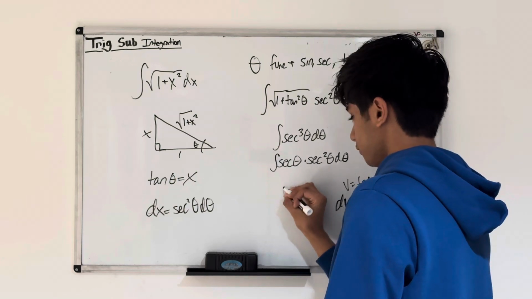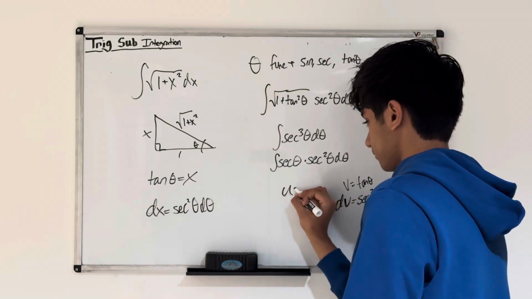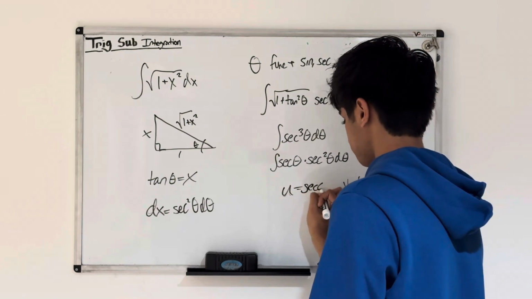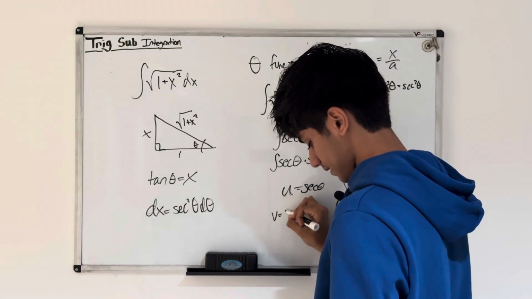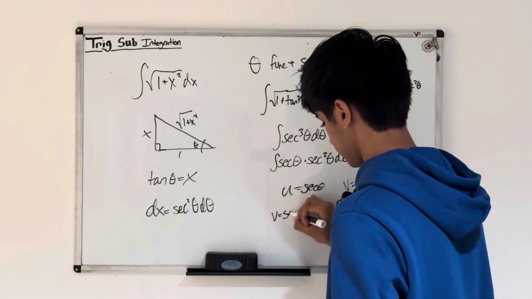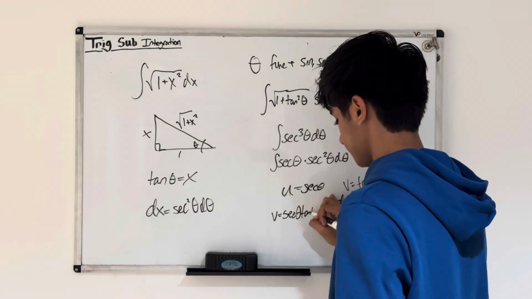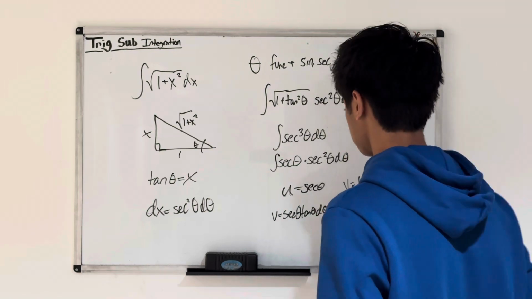Next, we make our u, therefore, u dv, equal to secant theta. We know that the derivative of secant theta is secant theta tan theta d theta.